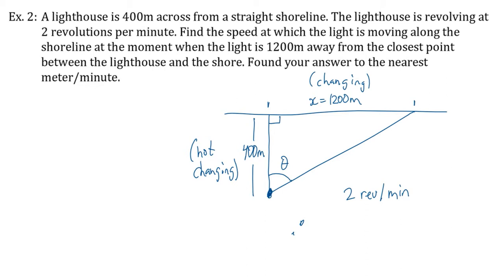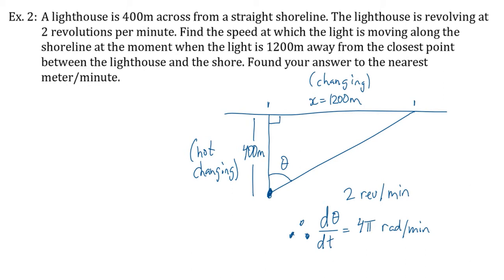Therefore, the revolutions per minute, which is the rate of change of the angle, is 4 pi radians per minute. Okay? So d theta by dt.